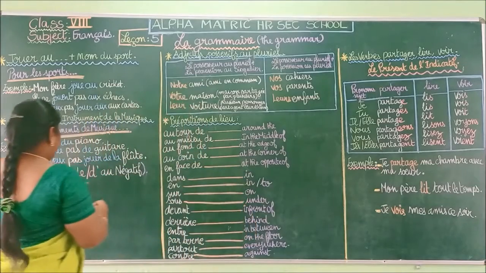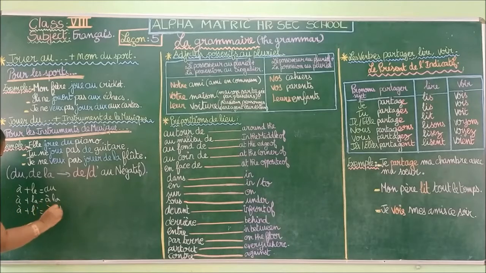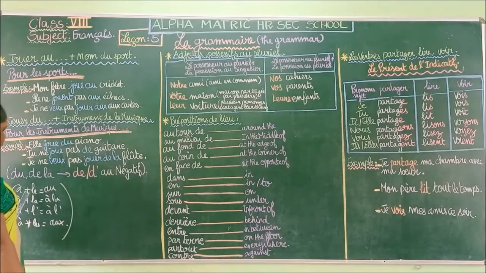Let me recall that. À plus le becomes au. À plus la becomes à la, no change. À plus l' becomes à l', no change. À plus les becomes aux. We have already learned this part.